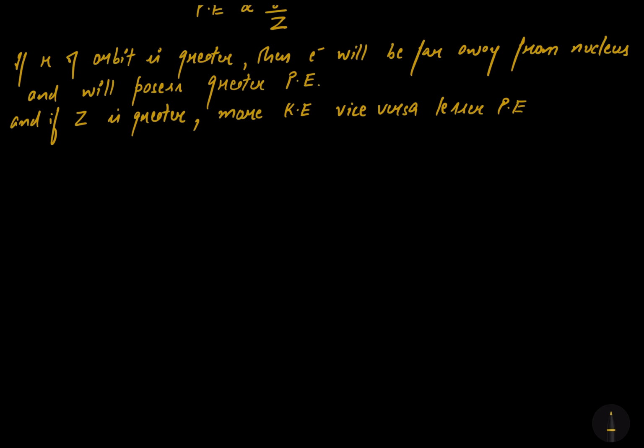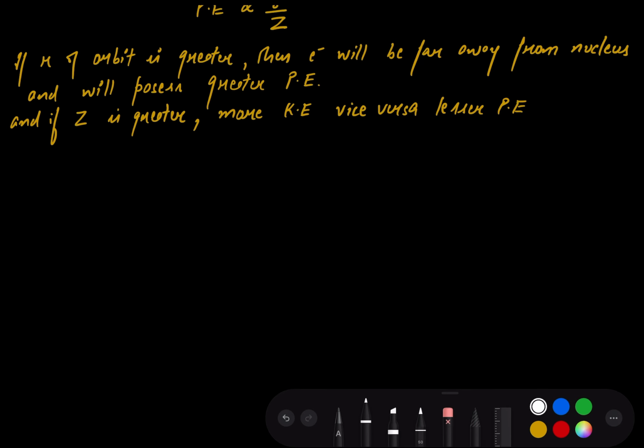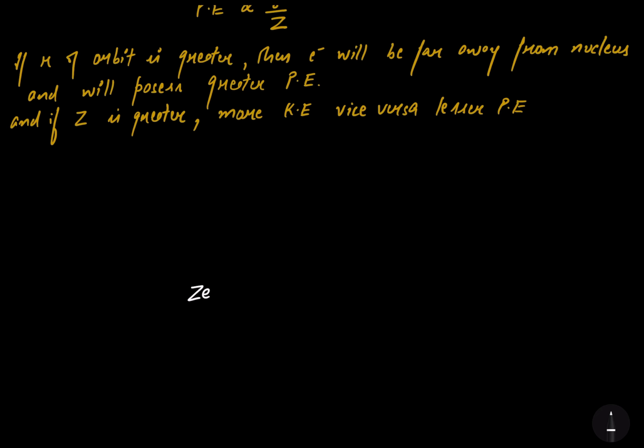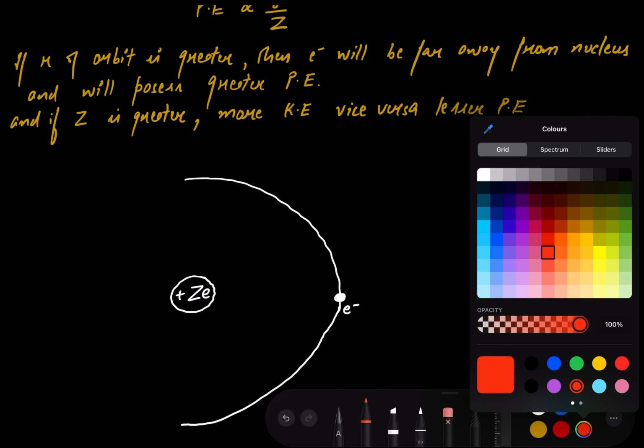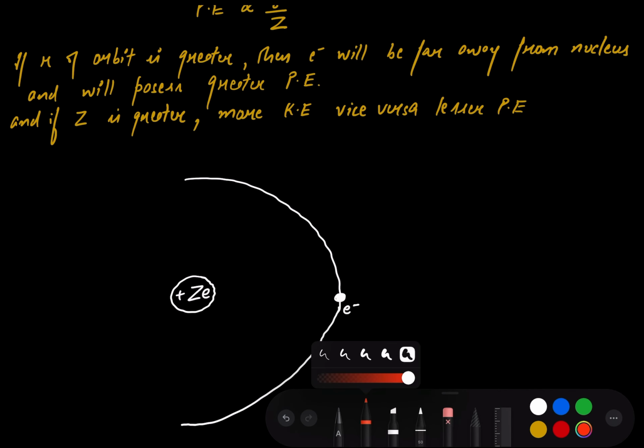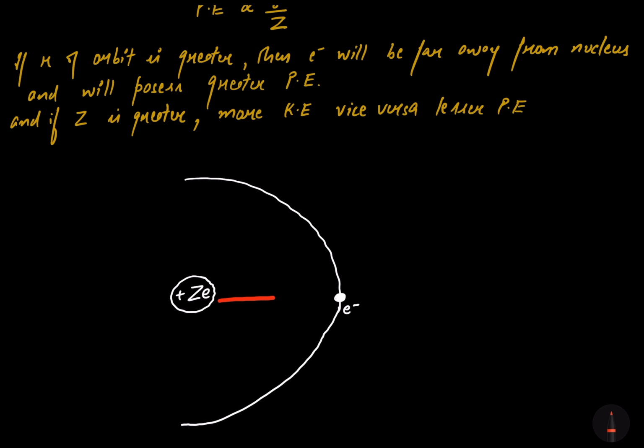So I am again drawing the diagram. That's my nucleus. It's a plus Ze. That's my orbit. Here's my electron. Now what will happen if electron is more closer towards the nucleus?